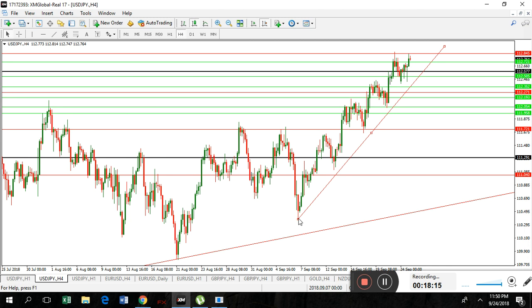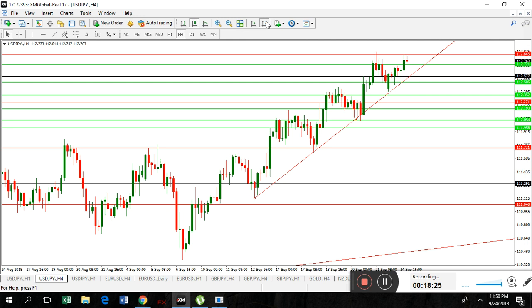The first higher low, then bring it up. So let's zoom in so we can see. Okay, so it's week to week, from the first higher low to the next higher low, into the future.